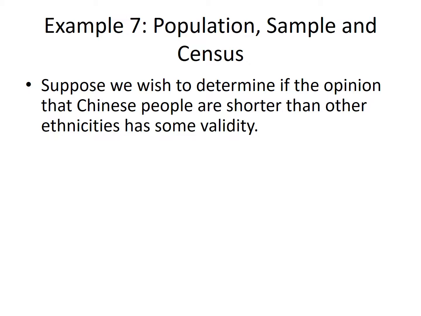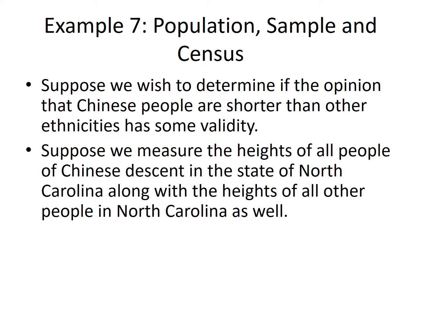So here's an example that kind of separates out the population, the sample, and the census. Suppose we wish to determine if the opinion that Chinese people are shorter than other ethnicities has some validity. Suppose we measure the heights of all people of Chinese descent in the state of North Carolina, along with the heights of all other people in North Carolina as well.